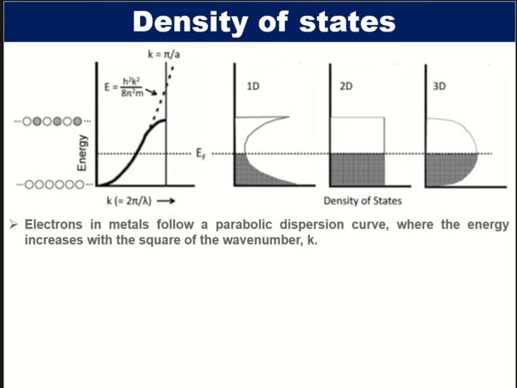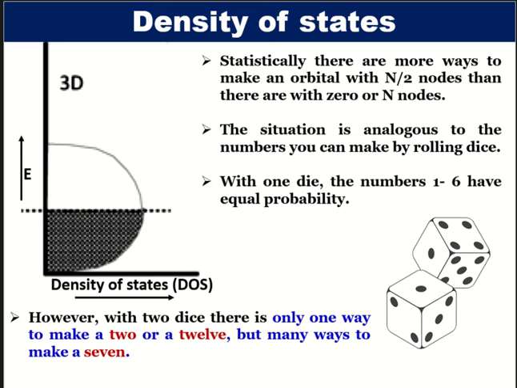The number of orbitals possible for this combination, most bonding and most anti-bonding, is more, and in the middle it is less. But if you go to the 3-dimensional curve, it will be the opposite. Compare 1D and 3D: it is just the reverse. In the middle you have the maximum, and at the bottom it is the least. So this is the 3-dimensional case.